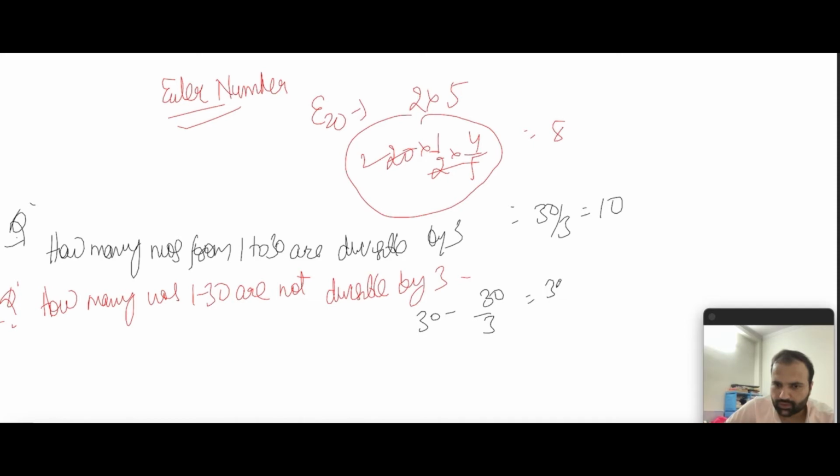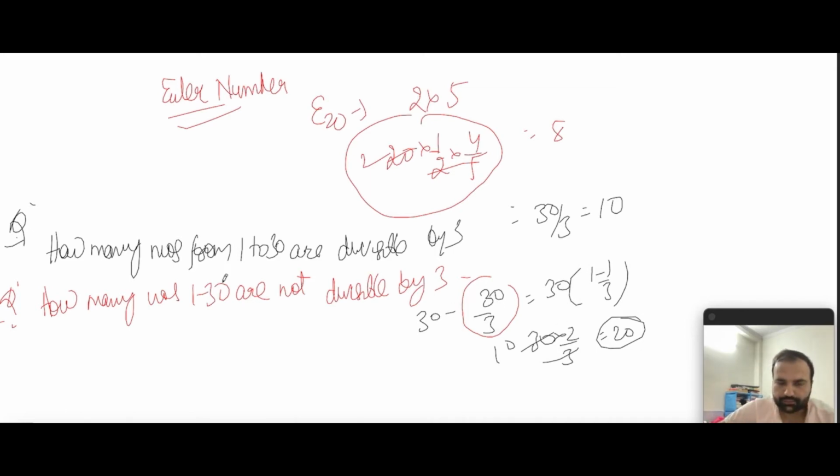So 30 we can take common, so we have taken 1 minus 1 by 3. So what we have over here is 2 by 3 of 30, which is 20. We all know that it is 20, but how have we reached 20? So we know that in 30 this is the number that gets divided, so we have subtracted it from the entire series and then we have taken common.